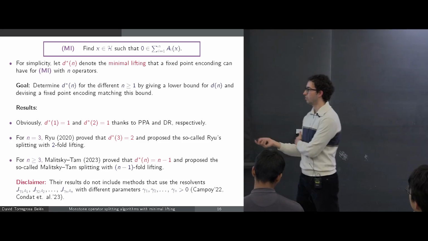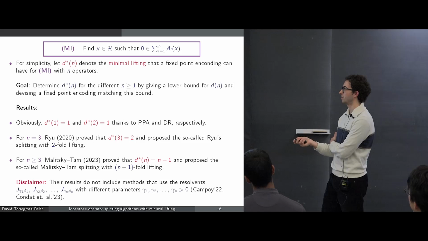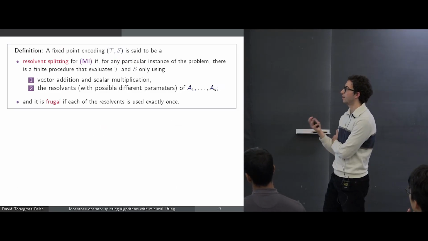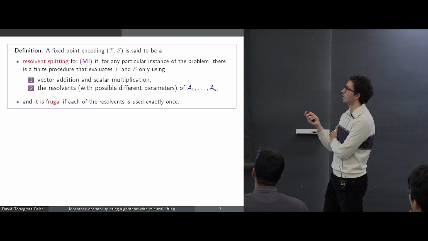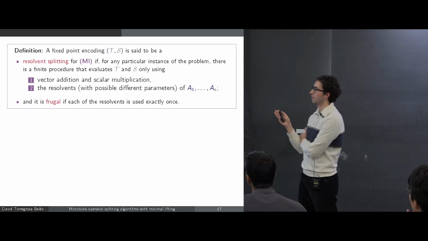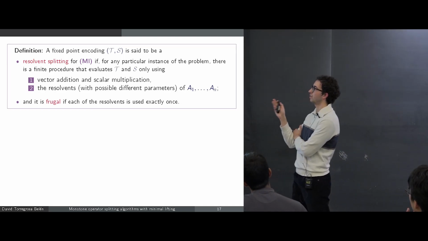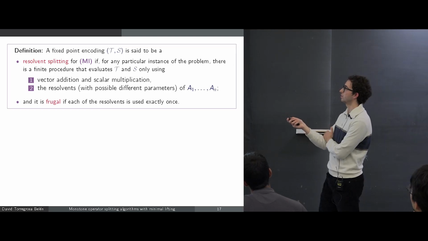So then what we did, the first result that we got, is we extended the result to splitting algorithms that included parameters in the evaluation of resolvents. And in order to do that, we needed some rules, which are the following.